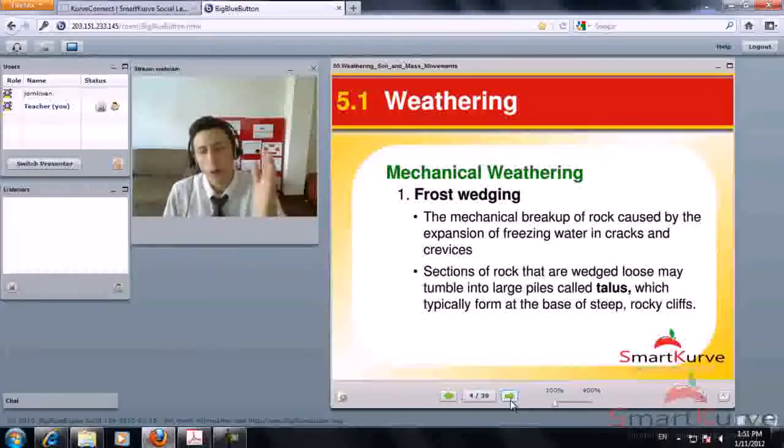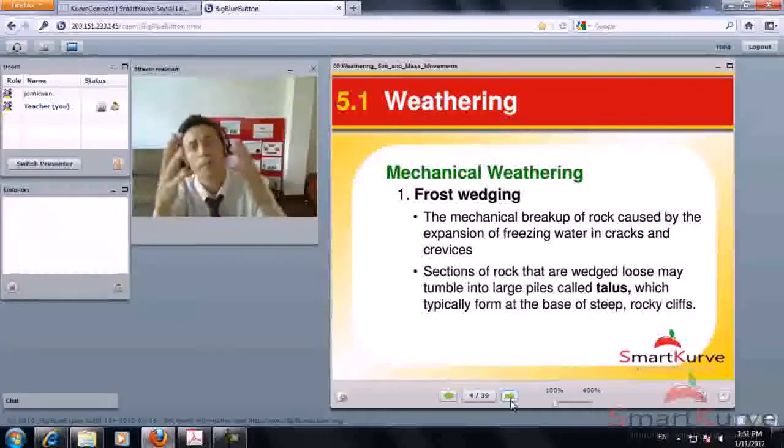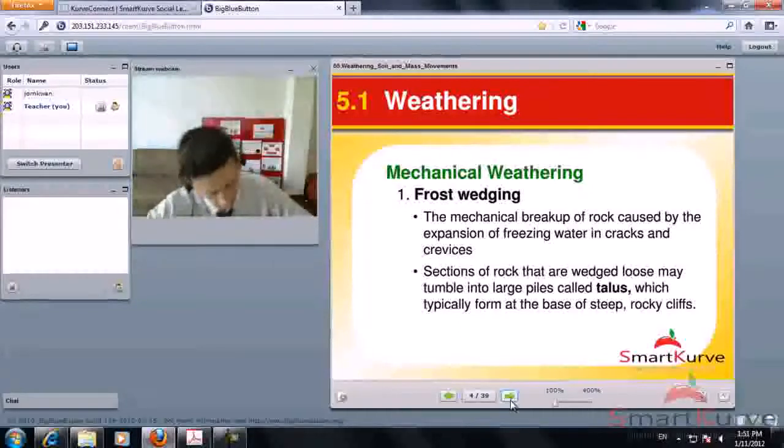So if water trickles down into a rock, let's say into a small crack in a rock, and then freezes and expands, it can work like a wedge to push that rock apart.